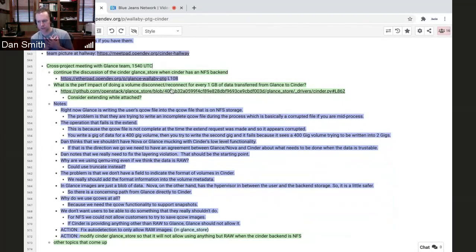The easy thing to do, and the smallest amount of work, separate from fixing the format detection thing in Cinder, is to just tell Glance, refuse to do anything but raw if the backend is NFS. And even though that doesn't solve the problem, it solves the problem. So let's at least agree that we can do that in the short term.